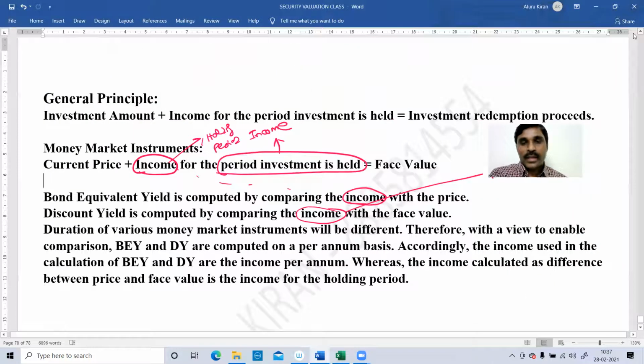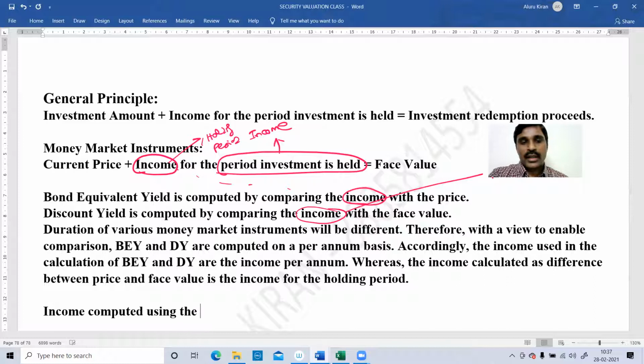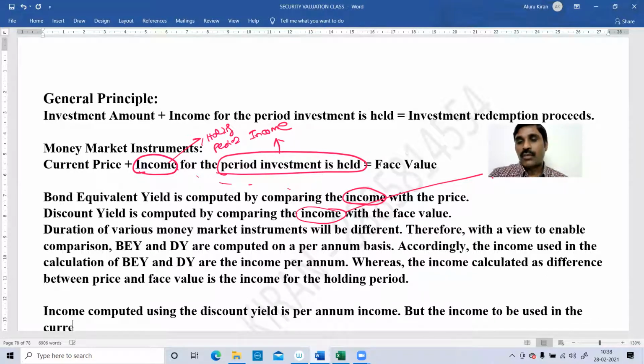So the income computed using the discount yield is per annum income. But the income to be used in the current price formula is the income for the holding period.